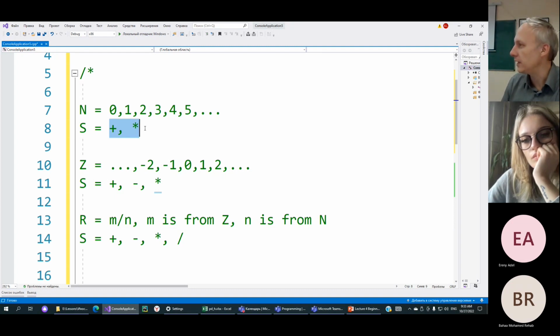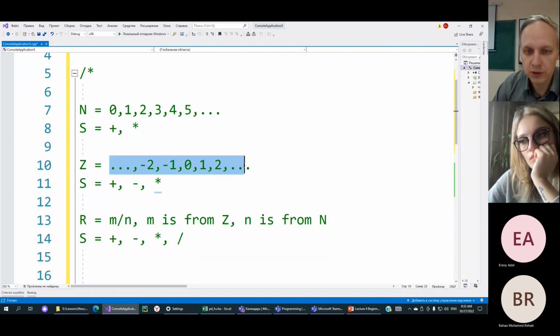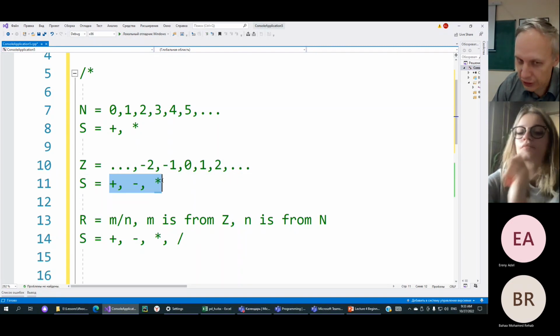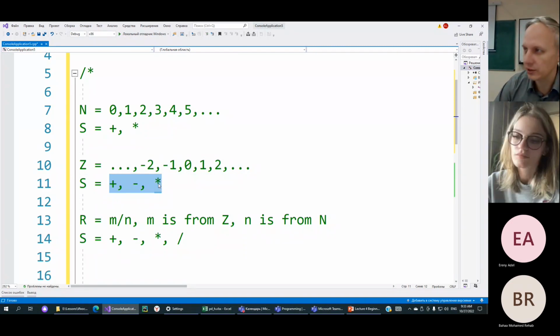And when we define a data type, we should strictly define the set of values, what values we can use, and set of operations, what operations we can apply to these numbers.